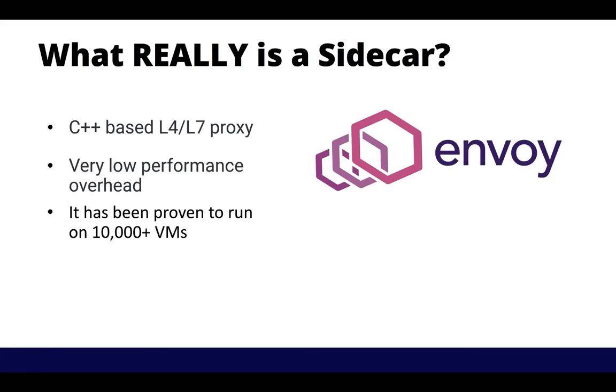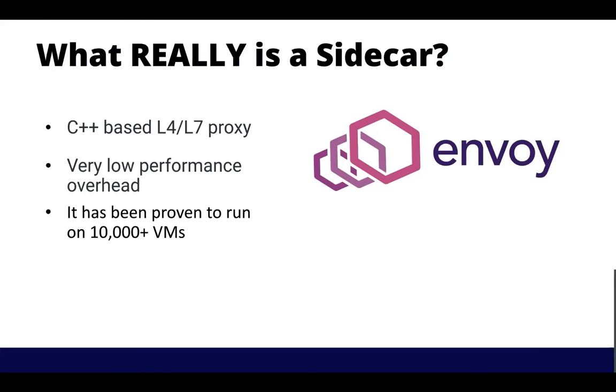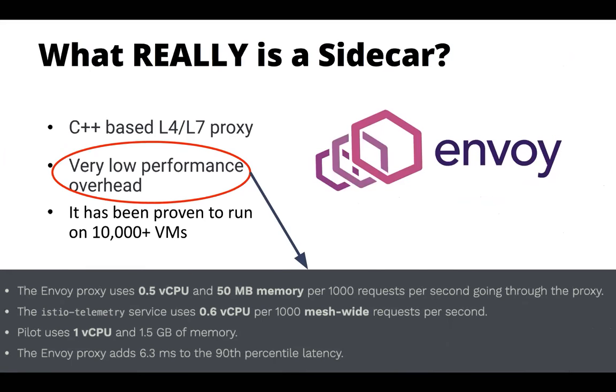It has very low performance overhead, and it's been proven to work nicely on huge clusters. And when I say low performance overhead, that's what Istio says it means. A single Envoy proxy, so a single sidecar container, will use 0.5 vCPU and 50 megabytes of memory per thousand requests per second going through that proxy.